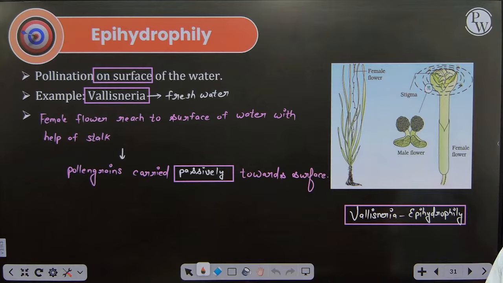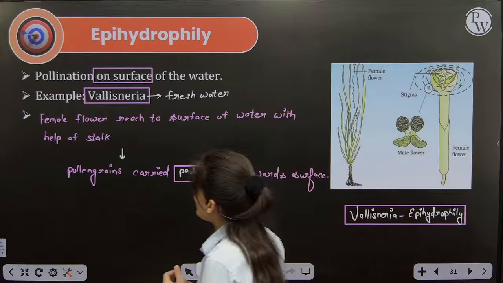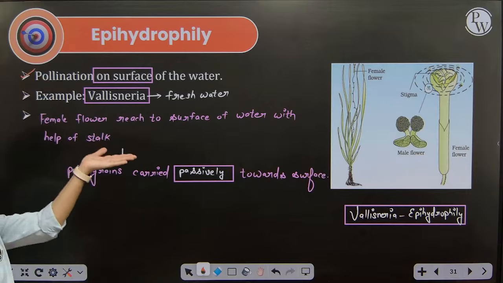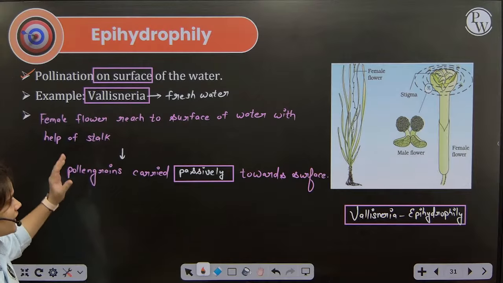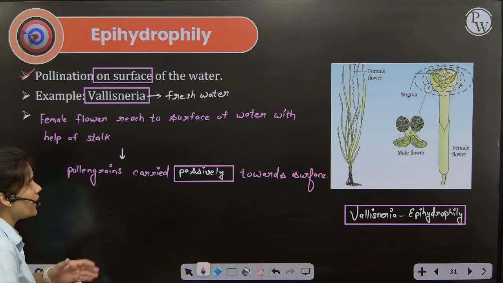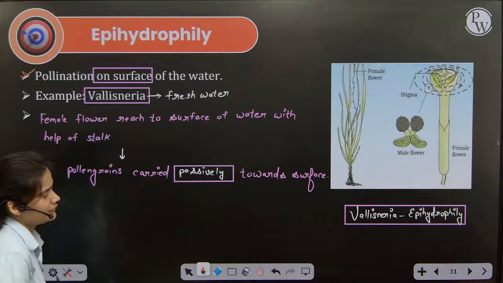Hydrophily can be epihydrophily and hypohydrophily. What is epihydrophily? Epihydrophily is pollination that takes place on the surface of water. An example of epihydrophily is the freshwater plant Vallisneria.